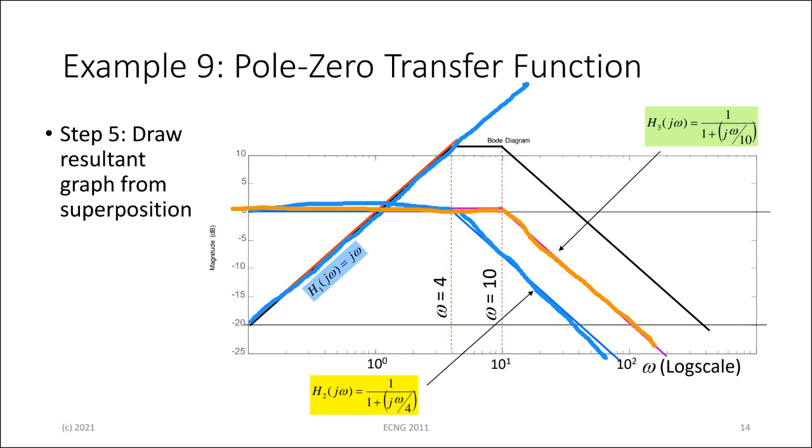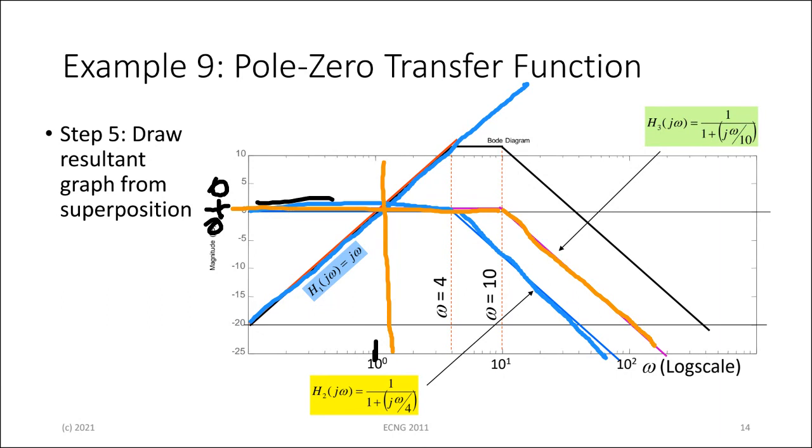So if I add it up cumulatively now, I'll draw it in black. For omega less than 1, what are the three components I have? I have 0 plus 0 plus the plus 20 dB per decade for the zero, right?